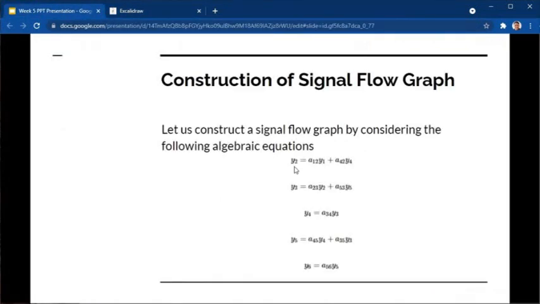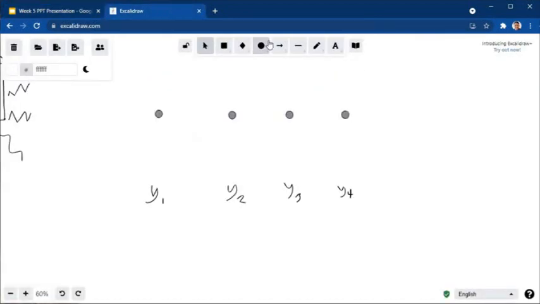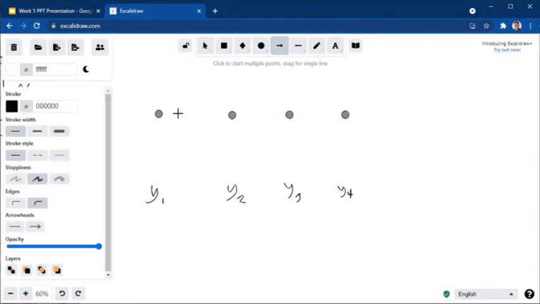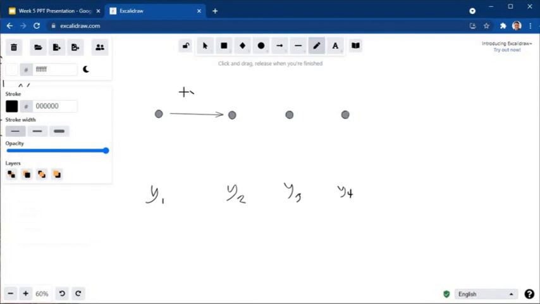Anyway, again, y sub 2 is equal to the gain a sub 1,2, meaning from 1 to 2, times y sub 1. So the signal from y sub 1 going to y sub 2 times the gain a sub 1,2. I just assume that the subscripts of A are node numbers.